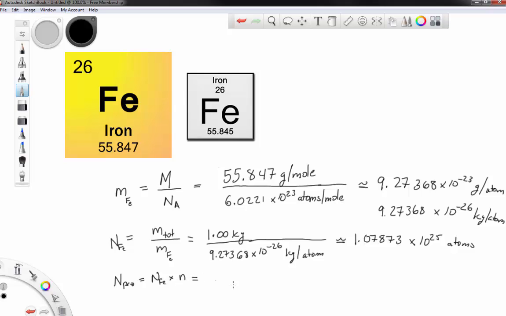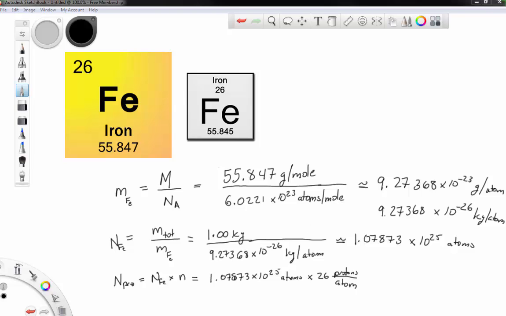So that's the little n. So we would have 1.07873 times 10 to the 25 atoms, and that's times 26 protons per atom.